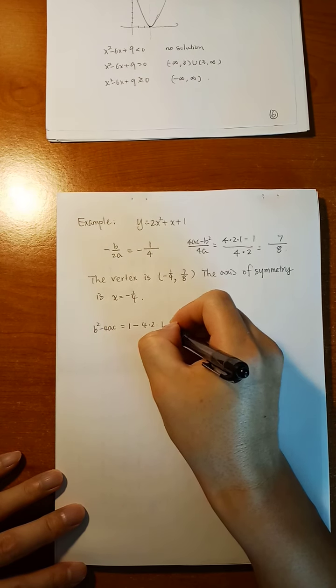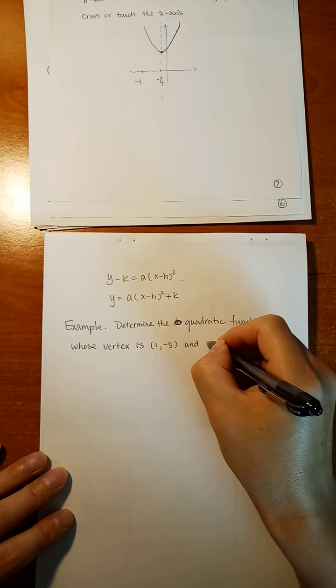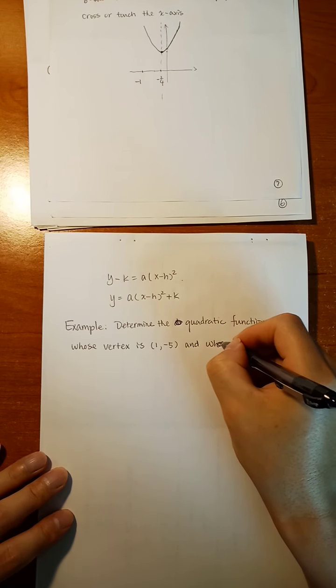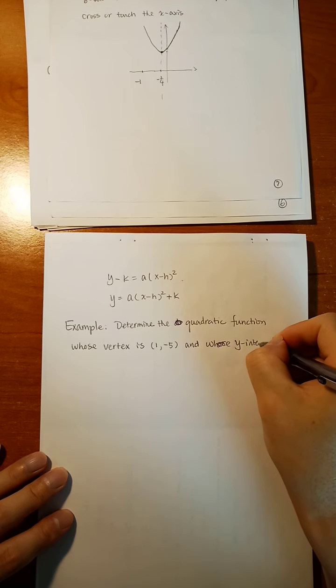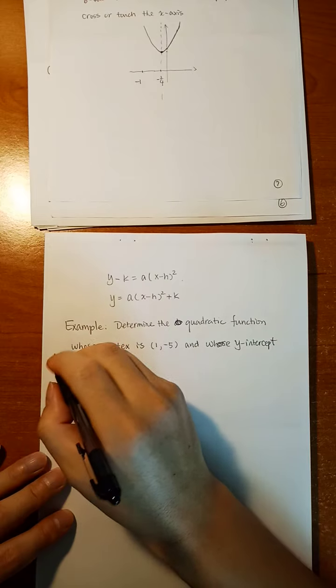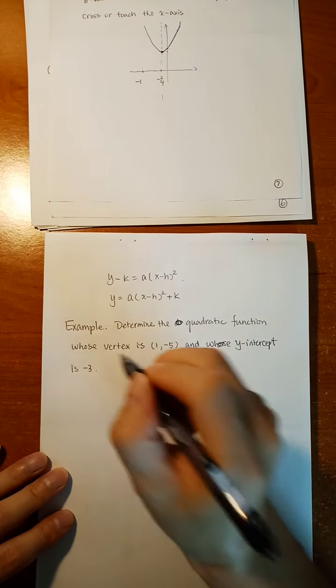Determine the quadratic function whose vertex is (1, -5) and whose y-intercept is -3.